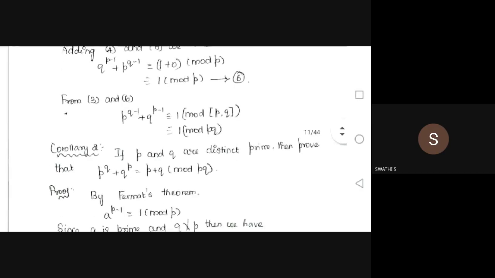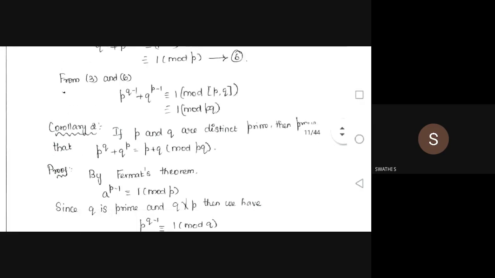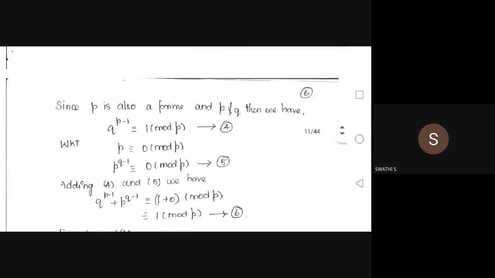Then corollary 2: if P and Q are distinct primes, then prove that P power Q plus Q power P is congruent to P plus Q mod PQ. In the previous corollary, I proved P power Q minus 1 plus Q power P minus 1 is congruent to 1 under mod PQ.